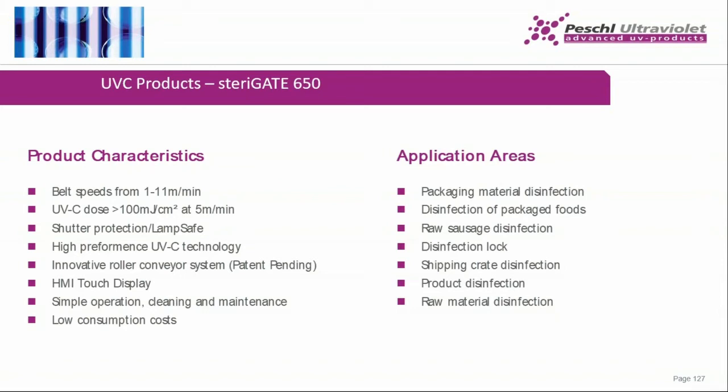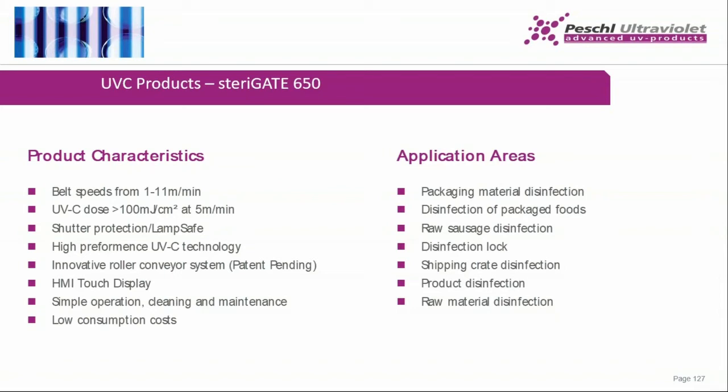Okay, high performance UV technology. It's a special patent pending system because we make a shadow-free radiation, because we use special rolls, and these rolls take care that no shadow will be during the transport. It is easy if you have a tunnel system that you have some lamps on the top and on the side, but there is the other problem.